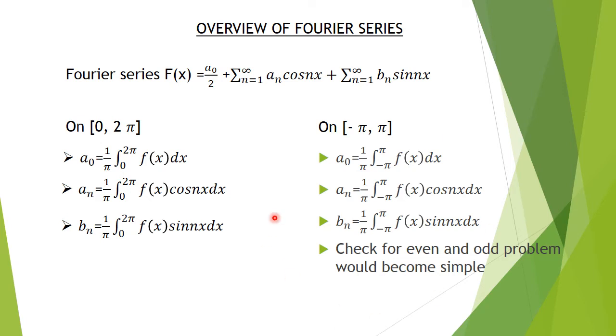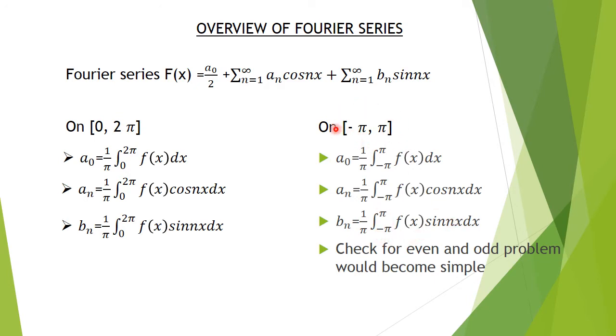Now suppose the interval is given as minus pi to pi. How do you write the formula? The same formulas, with 1 upon pi, half the length of the interval. a0 = 1 upon pi integral minus pi to pi f(x) dx. Because the interval changes to minus pi to pi, you write minus pi to plus pi as the integration limits. a_n = 1 upon pi integral minus pi to pi f(x) cos nx dx, and b_n = 1 upon pi integral minus pi to pi f(x) sin nx dx.